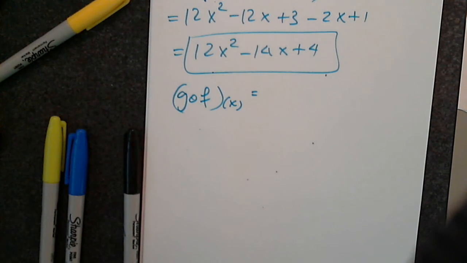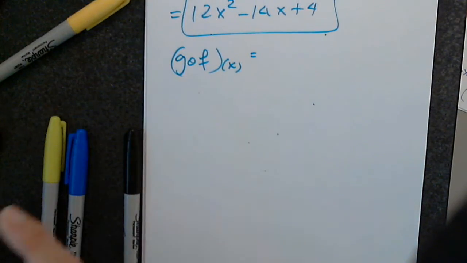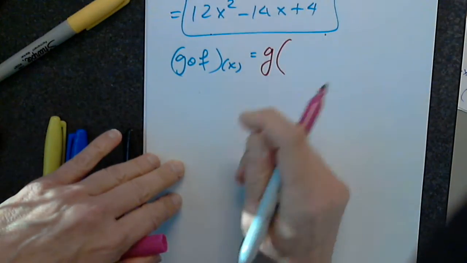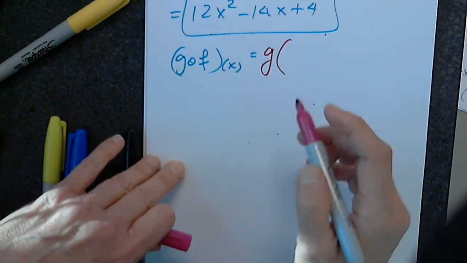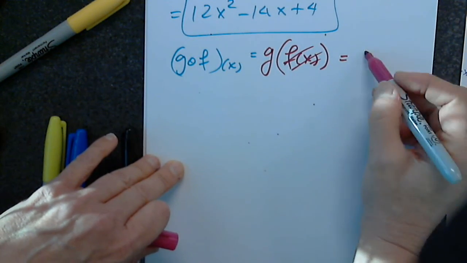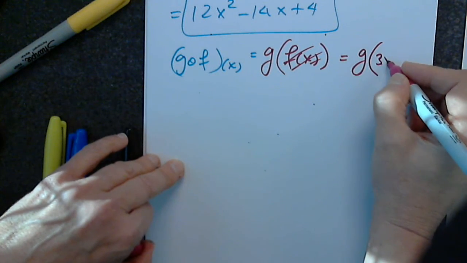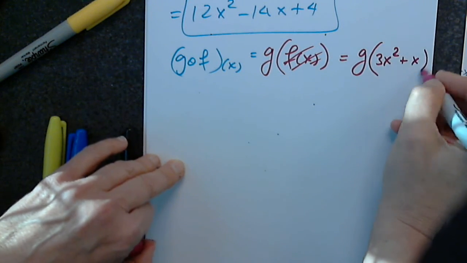What do I have to find now? How do I present this? G of f of x, indeed, I have to write that first. Now I will replace this by, very good, 3x squared plus x.